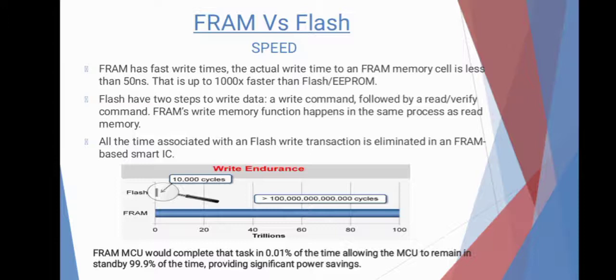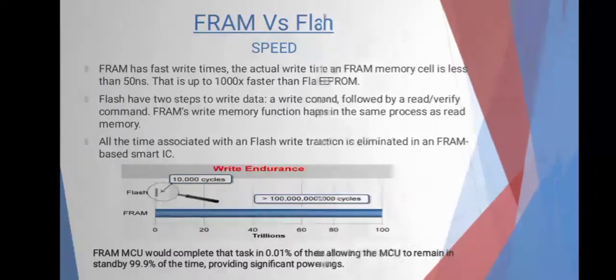Here in this diagram we can see that the FRAM MCU would complete the task in 0.01% time, allowing the MCU to remain idle for most of the time, improving the power savings.